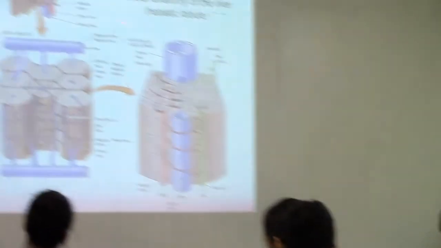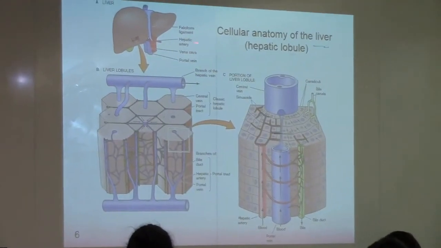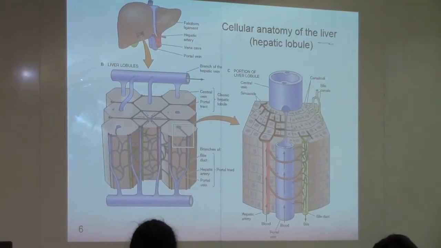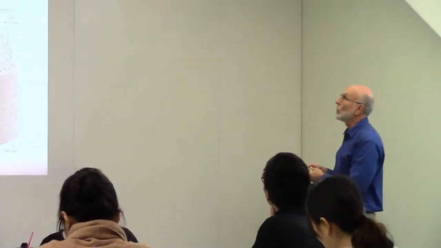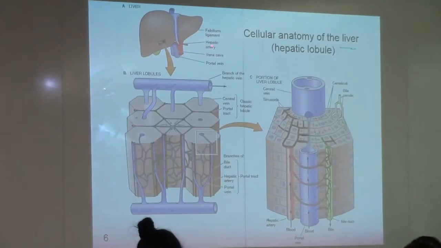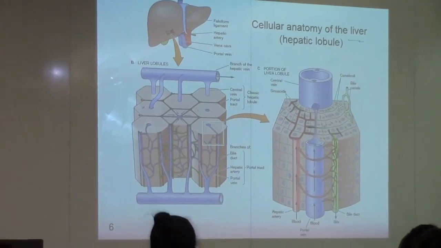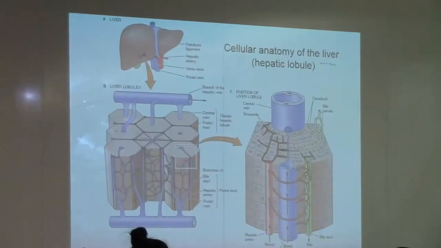What is going to drain the liver after we mix this arterial and venous blood is the hepatic vein, which is going to drain into the inferior vena cava. Okay, remember, we've got hepatic arterial blood from the proper hepatic artery, and we have venous blood from the portal vein.